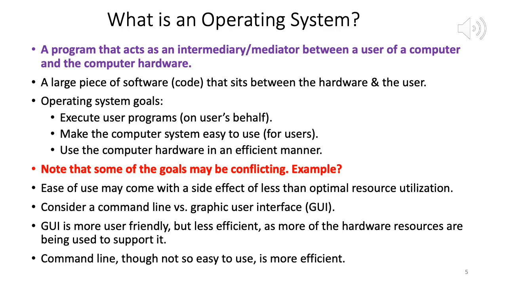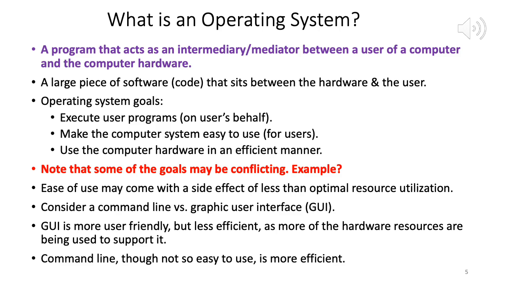Note that some of these goals may inherently be conflicting. There may be a trade-off. One example is that ease of use may come with a side effect of less than optimal resource utilization. We'll soon see in chapter 2 there are two ways in which we can interact with the computer system. One is using command lines, which you may have already done in your intro to programming course.